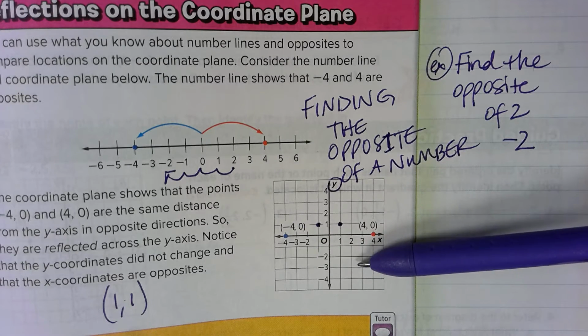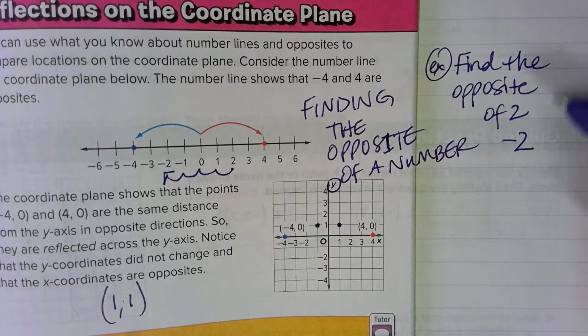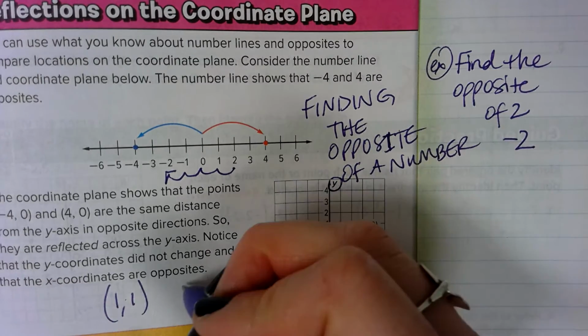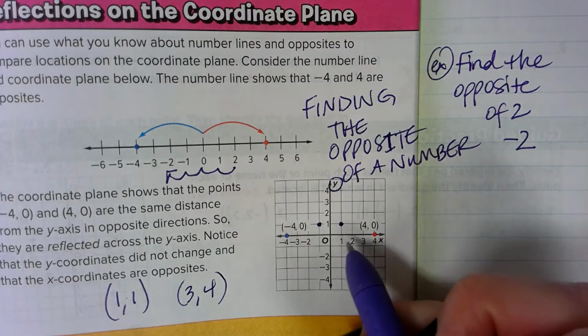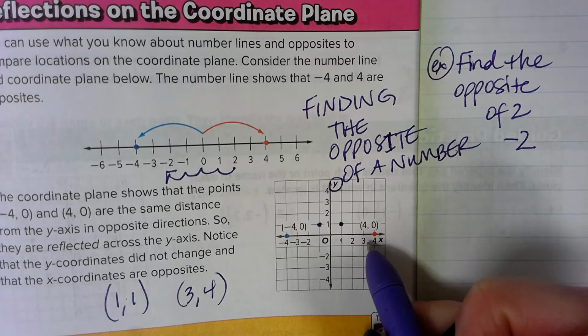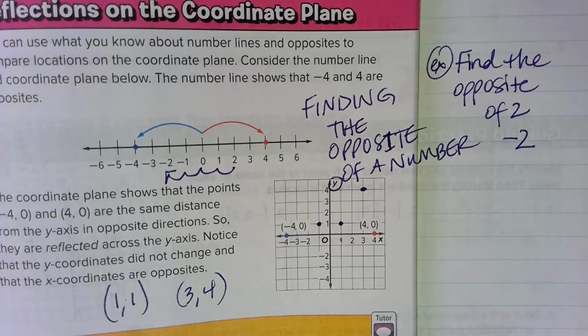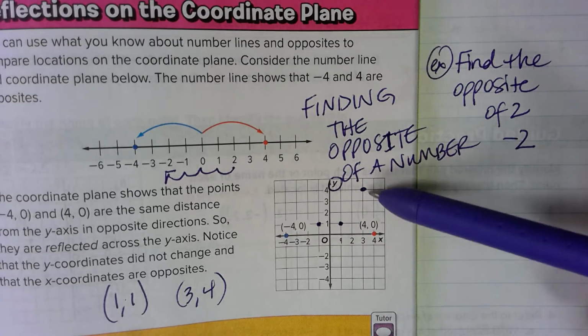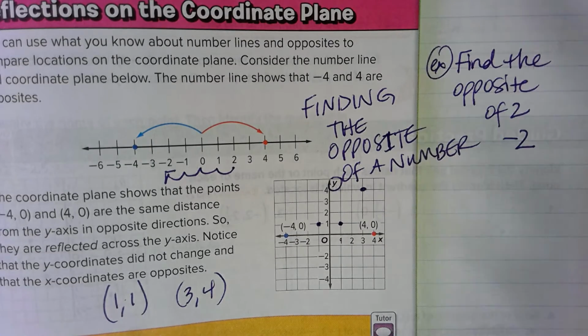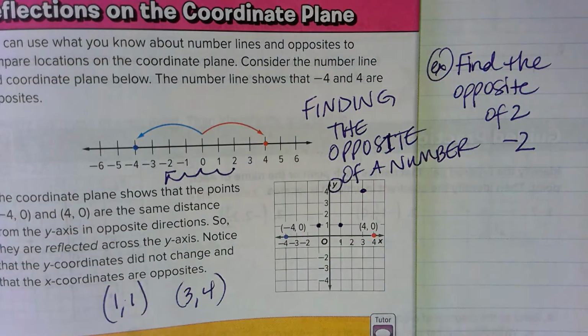So let's say we were working with 3, 4. Okay, let's graph that. So 1, 2, 3, 1, 2, 3, 4. So 3, 4 is right here. And if it said reflect 3, 4 across the x-axis, instead of going this way with it, we're now going to go this way with it.